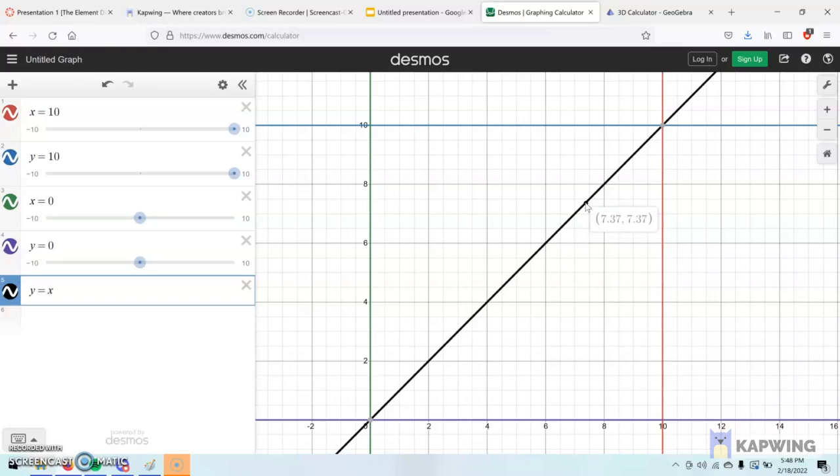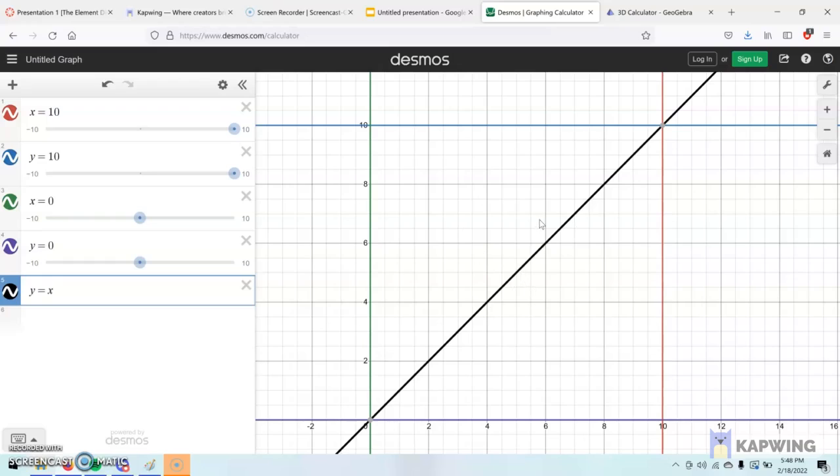Similarly, if you move up the line, 7.37 and 7.37, also not distinct. Move down, 2.74 and 2.74, also not distinct. So, anytime y is equal to x in two-dimensional space, the array is not distinct.